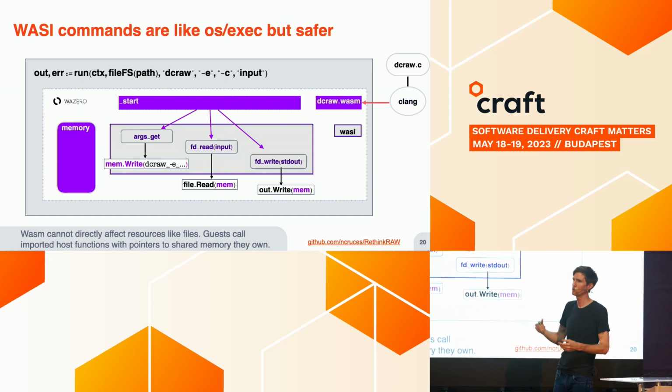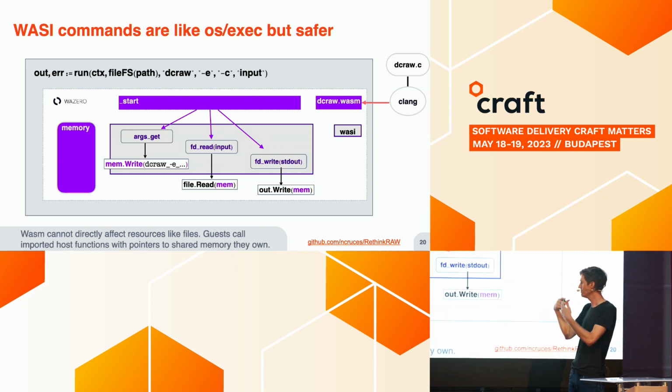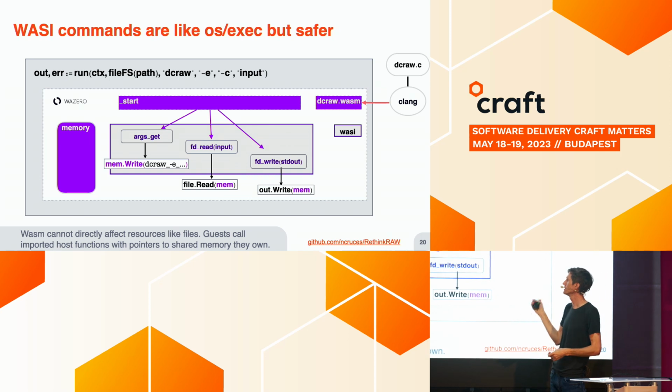So it'd be like 64K pages, like your DOS. And then the start happens, and then it's going to do normal things that a program would do during initialization, read some arguments, maybe read from standard input or whatever file it's looking for, and then write some stuff.